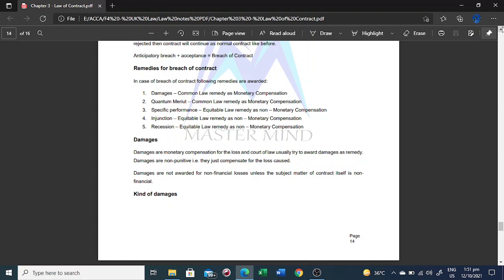In case of breach of contract, damages are awarded, that is monetary compensation. Quantum meruit is again a common law remedy, and it is considered a monetary compensation.